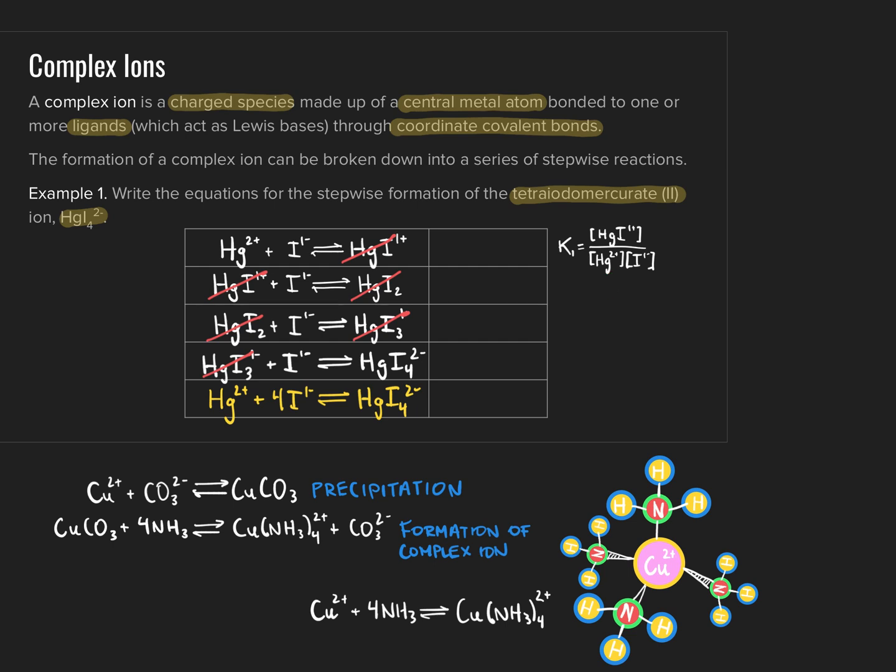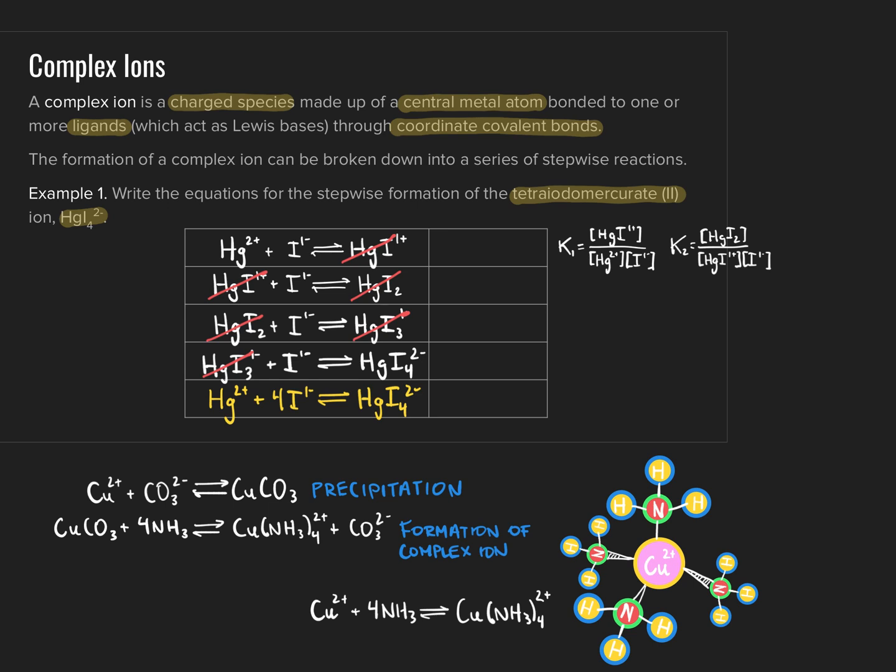Let's repeat this process now for the K expressions of the remaining three stepwise reactions. For the second stepwise reaction, the product there is HgI2. So K2 here would be the concentration of HgI2 divided by my reactants, which for the second reaction was HgI+ times the concentration of I-.